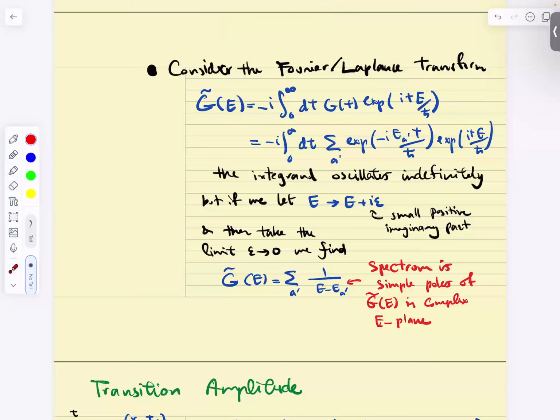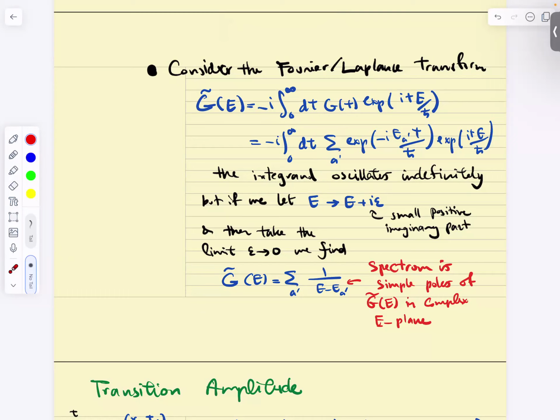So you do this transformation. All right, let's do it. We said that this is just the sum over a prime of e to the minus i E of a prime t over h bar, multiplied by this. You bring the two together. This is an oscillatory function forever, and you want to integrate it over time. This integral doesn't converge.